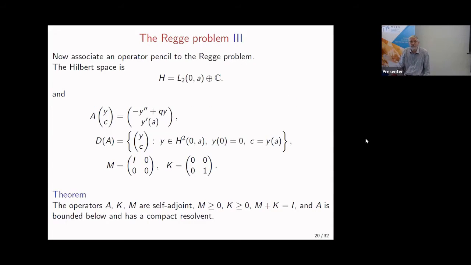That's where the setup comes from. And then we have all our assumptions satisfied, in particular A has a compact resolvent, both M and A are greater or equal to 0, and M plus K is the identity.